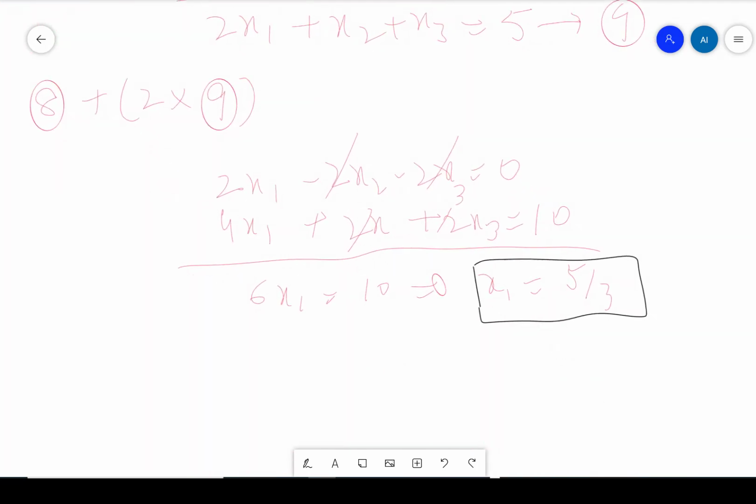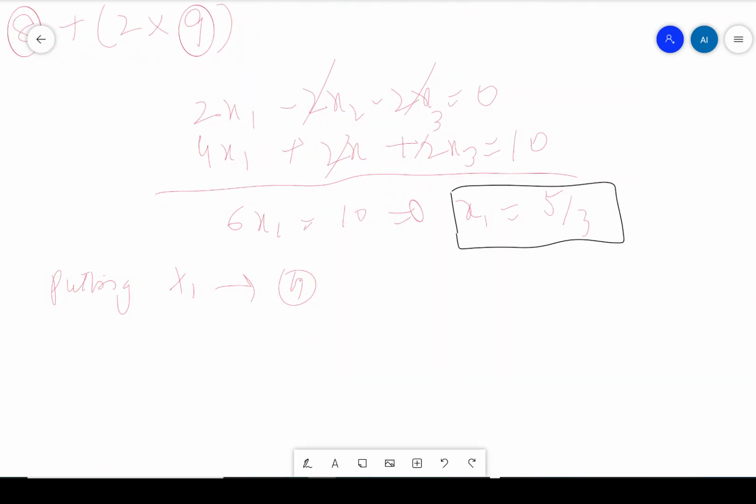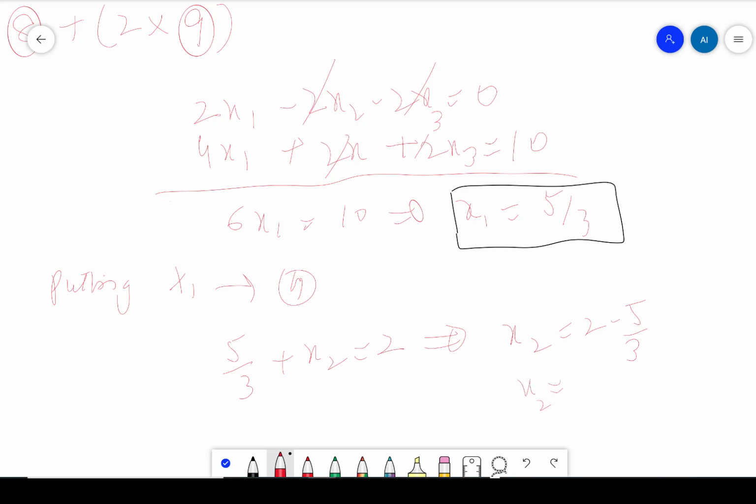Putting the value of x1 in equation number 4 gives us 5 by 3 plus x2 is equal to 2, which gives us x2 is equal to 2 minus 5 by 3, and x2 is equal to 6 minus 5 divided by 3, which gives us the value of x2 is equal to 1 by 3.